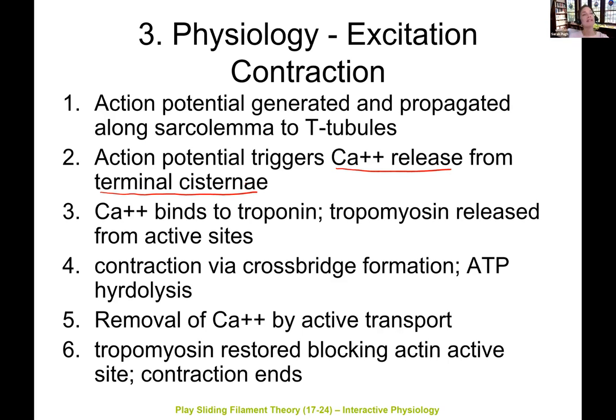So remember we talked about on Monday how our thin filaments are made of actin, looks like little beads. And actin has these little divots, these active sites. And that's what myosin wants to latch onto. Well, if you're not getting a contraction, you don't want myosin latching onto actin. And so there are regulatory proteins that sit on top of those active sites called troponin and tropomyosin.